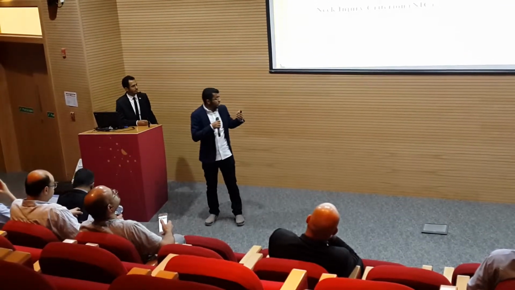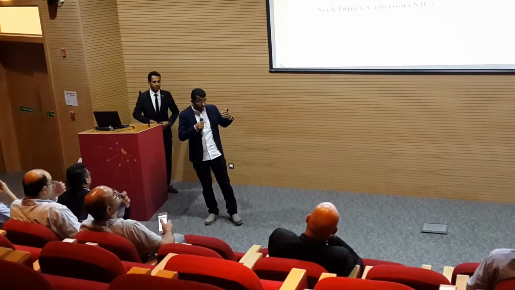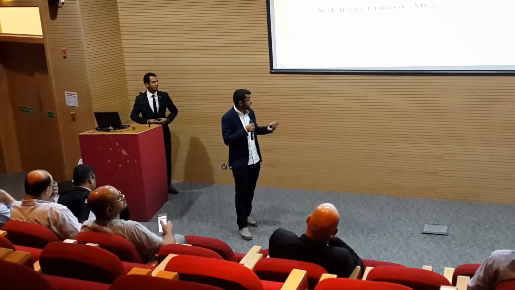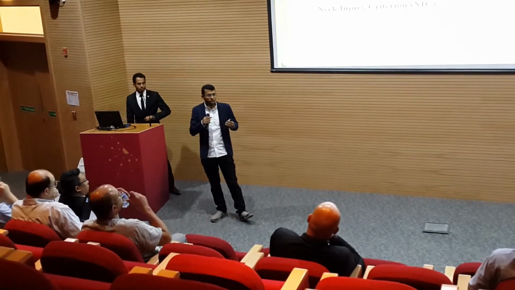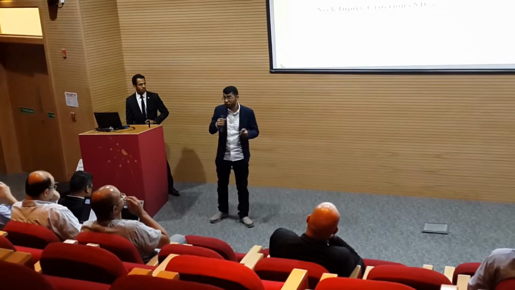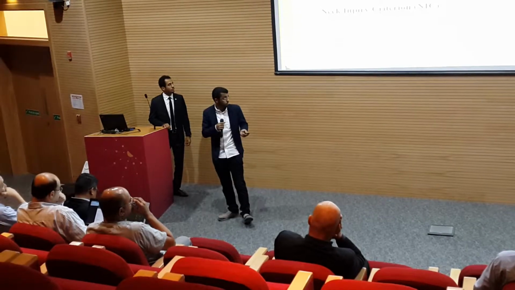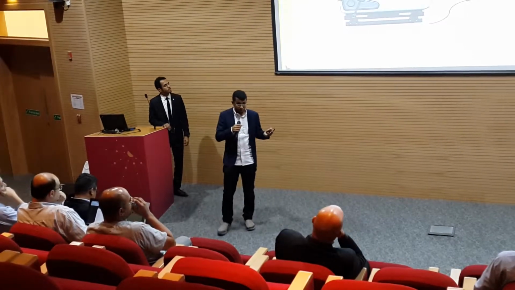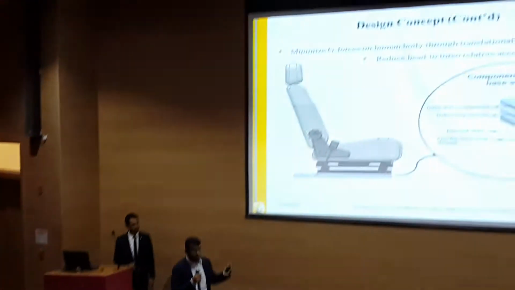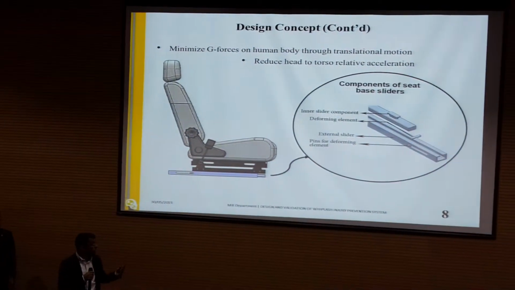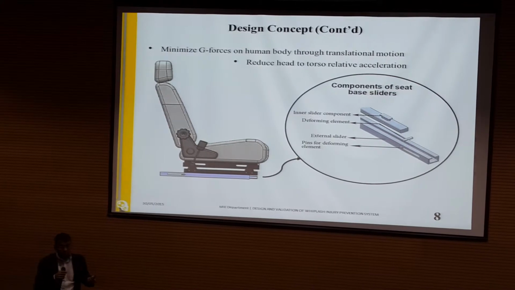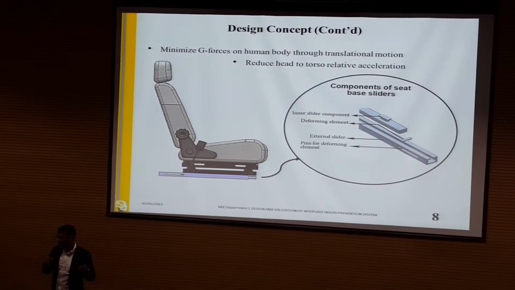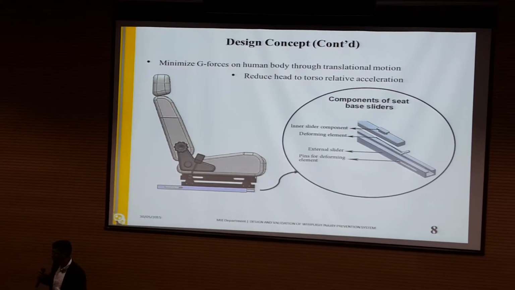The criterion used for the validation is NIC, the neck injury criterion. It is related to the relative acceleration between the last vertebra of the neck and the head. This is the proposed design: 2 sliders which limit the response movement. The results, and how these elements effectively reduce the whiplash injury, will be presented by my colleague Abdullah.